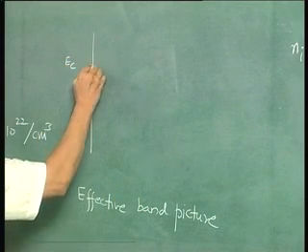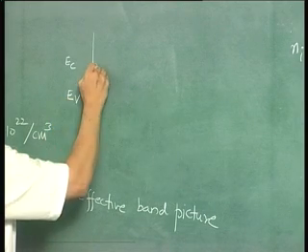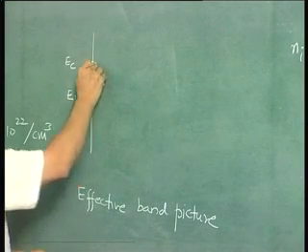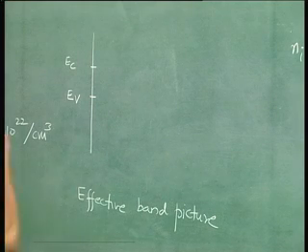You have Ec here and you have Ev here, and you have Nc allowed states all present at Ec. This is an approximation, and that is interesting. All the Nc states are as though they are present at Ec.